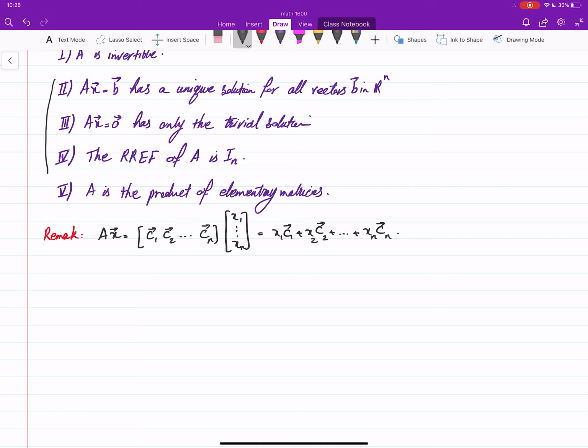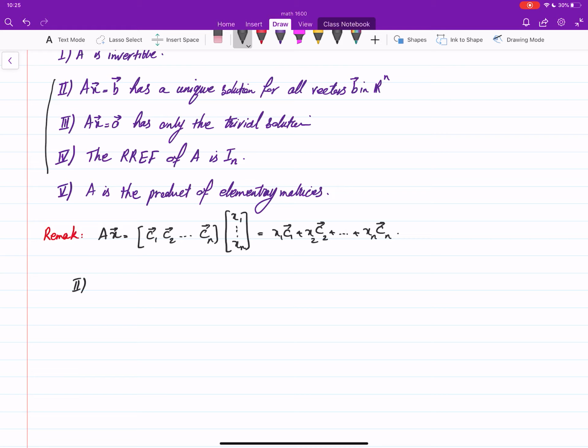I will start working on 2. What does it say? It says that for every b in Rn, Ax = b has a unique solution.